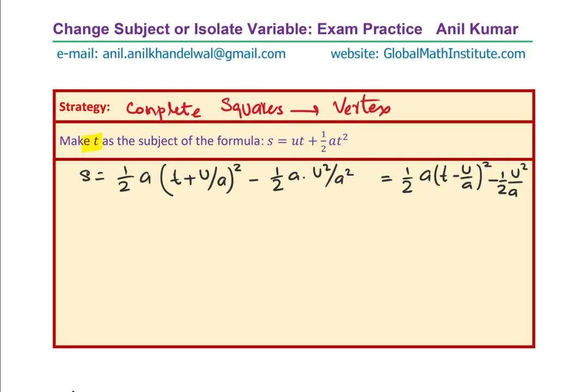And now you apply the strategy learned in question number 1. Perfect. So you'll bring half u square over a to the left hand side. You get s plus, you can say, 2a. You write this as u square over 2a, right?